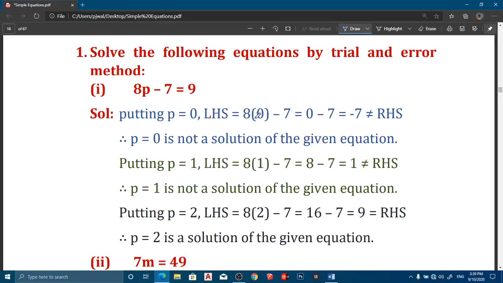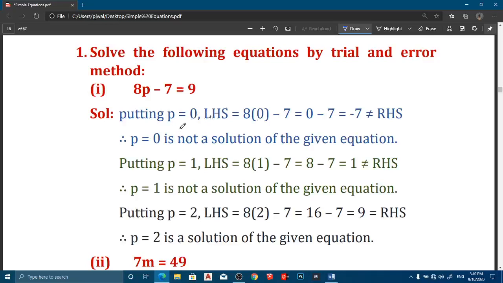If you substitute 0, 8 times 0 minus 7 gives minus 7, which is not equal to the RHS. Therefore, p is equal to 0 is not a solution of the given equation. In some problems, 0 may also be the solution, that's why you have to try 0 also.